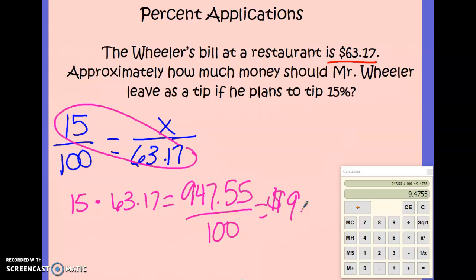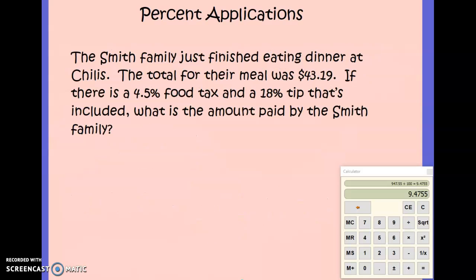Now we're talking money again, and again I have ten thousandths, so I'm going to round to the nearest hundredth. So $9.48. Okay, let's make sure we've answered the question. How much money should he leave as a tip if he plans to tip 15%? So we're not adding this one back in. This one is just how much is our tip amount. Okay, here's our next one.